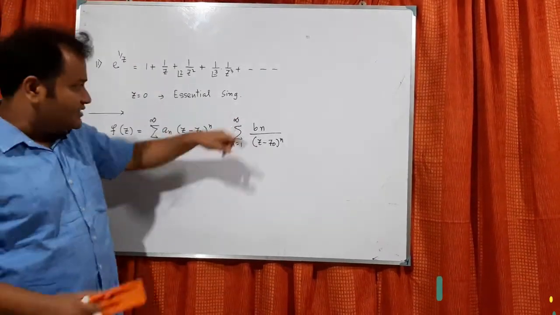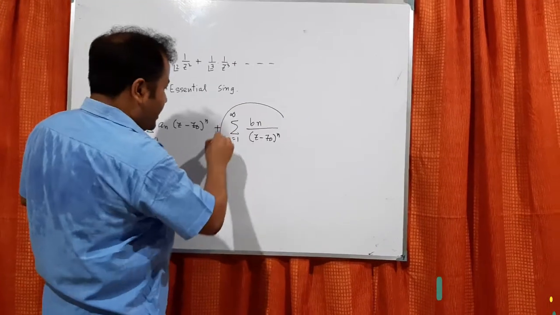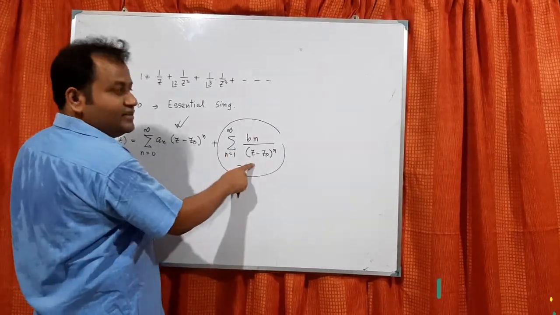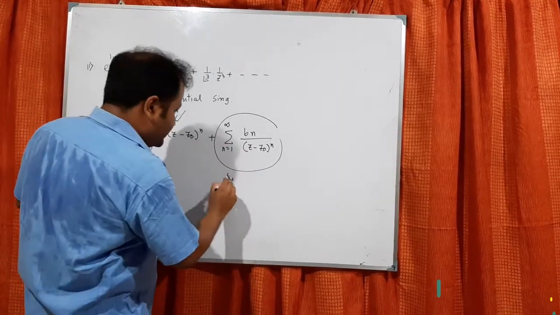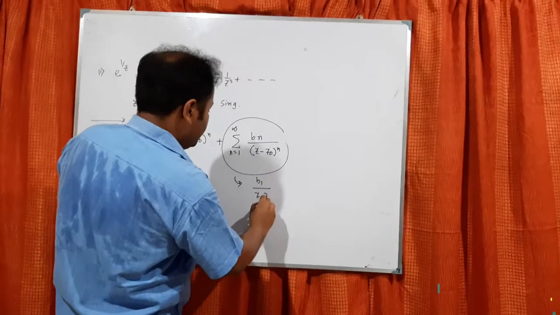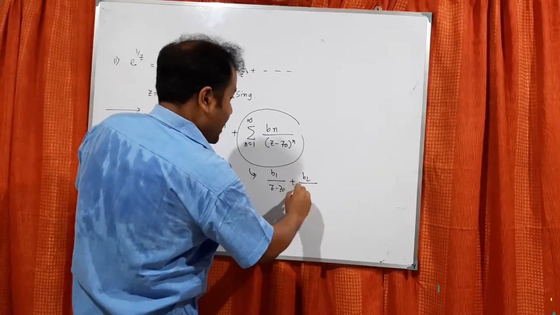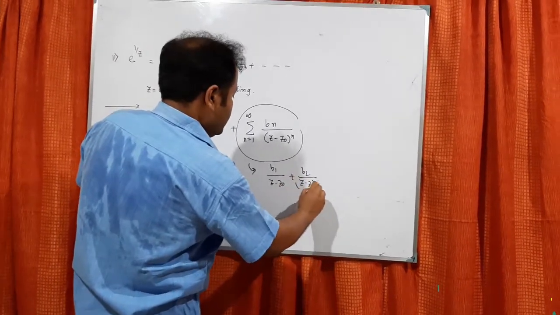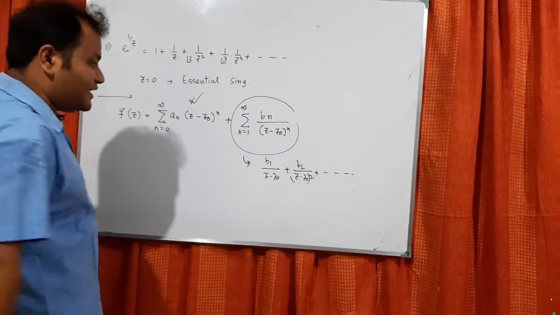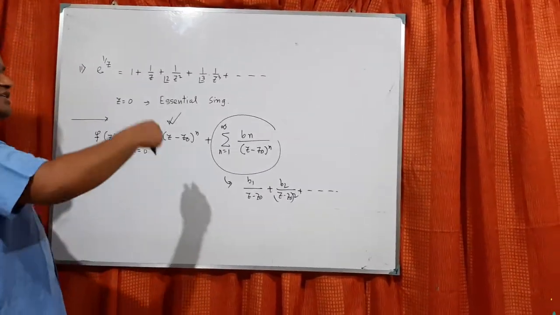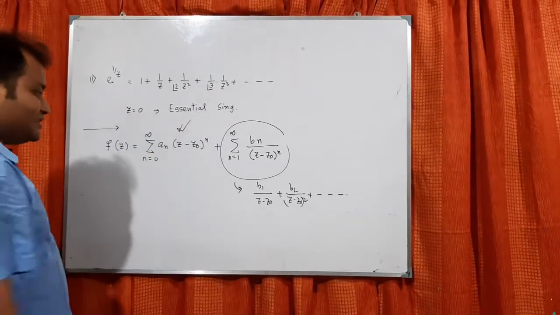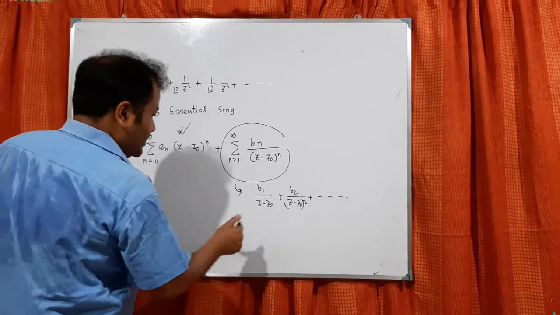So our main concentration will be on this part, because this part is okay, there is no problem. The problem will be there in this part. So this part, if I just highlight it, is b1 by (z minus z naught) plus b2 by (z minus z naught) square and so on. Now based on this criteria we can identify which one is a removable singularity, which one is a pole, which one is an essential singularity.